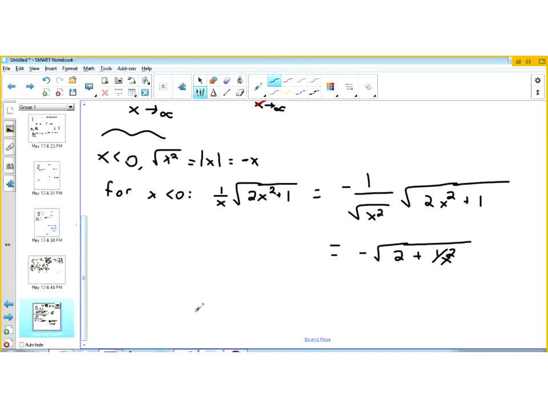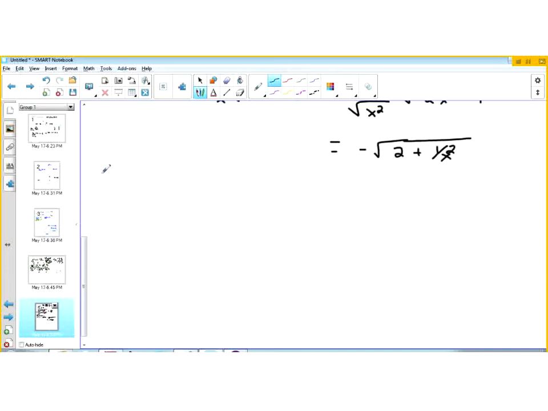So we have this result. The limit as x approaches minus infinity of the square root of 2x squared plus 1 divided by 3x minus 5.